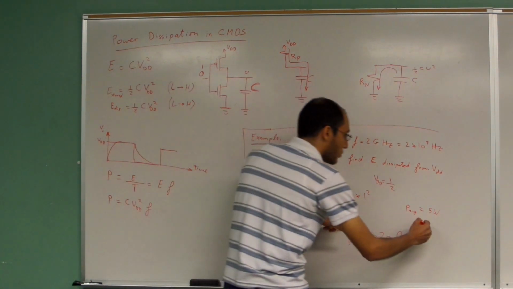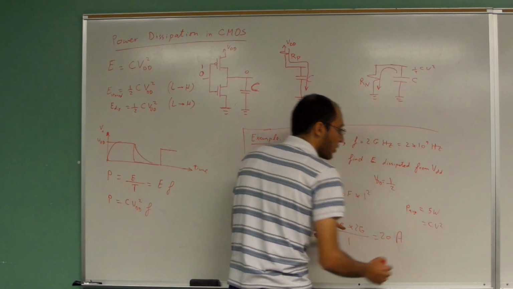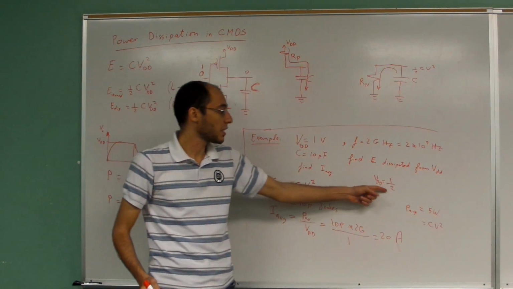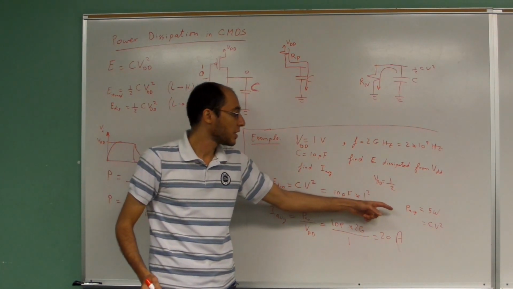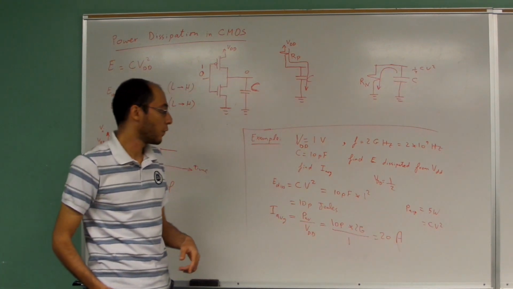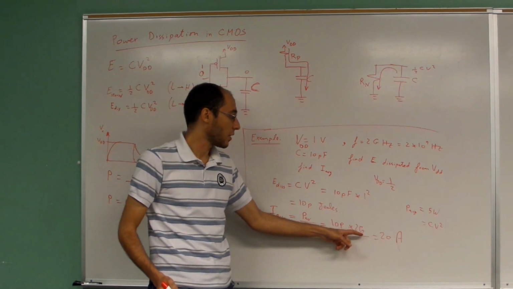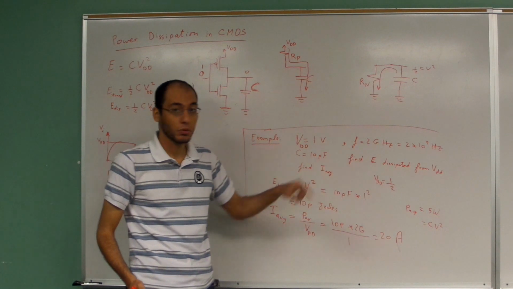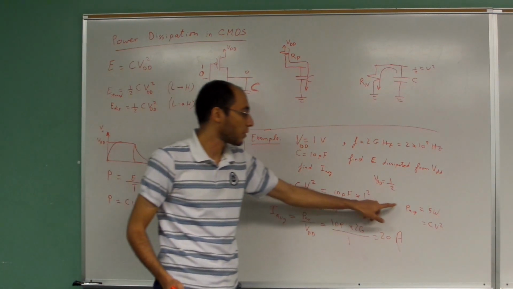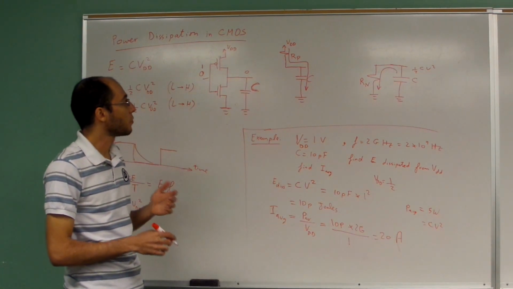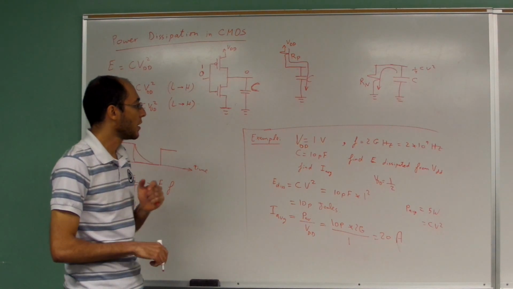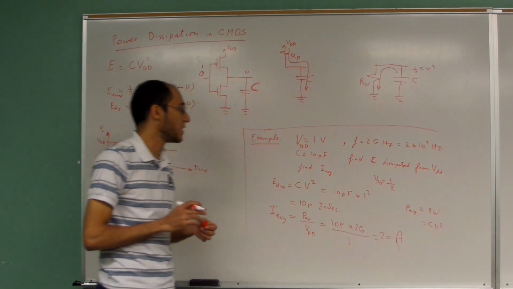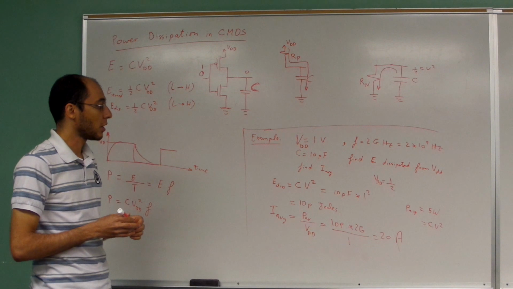P average is equal to C multiplied by V squared. So decreasing it by a factor of 2 decreases the power by a factor of 4. On the other hand, decreasing the frequency by a factor of 2 decreases the power by a factor of 2 as well. So it's more efficient to decrease the value of VDD because it decreases the power non-linearly.